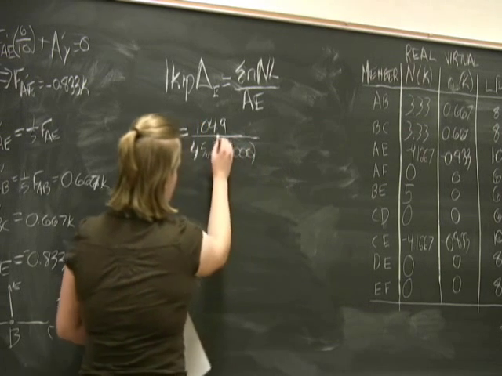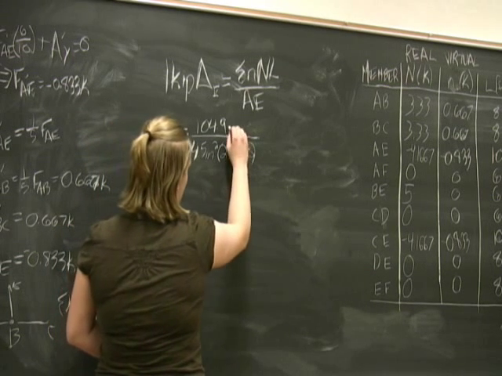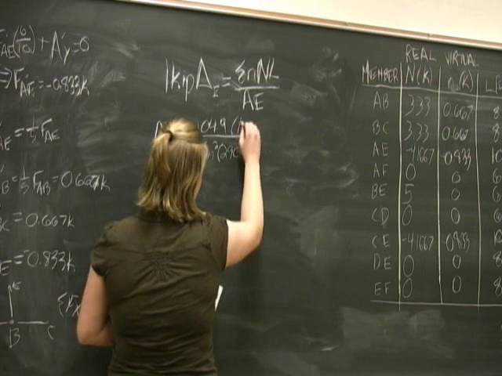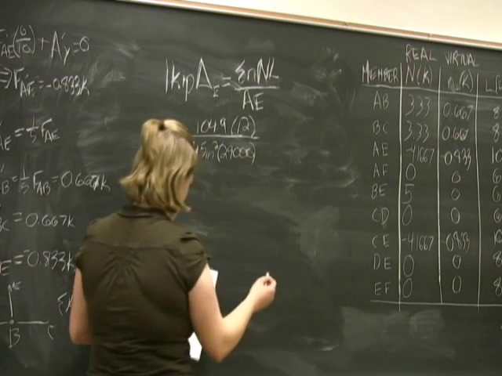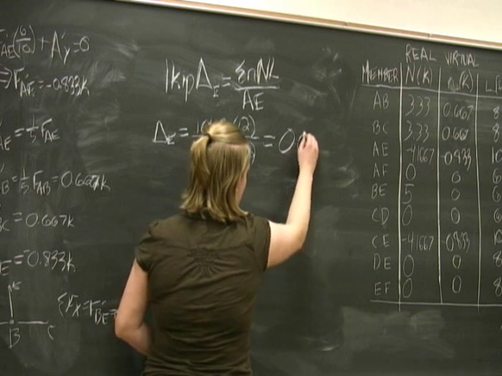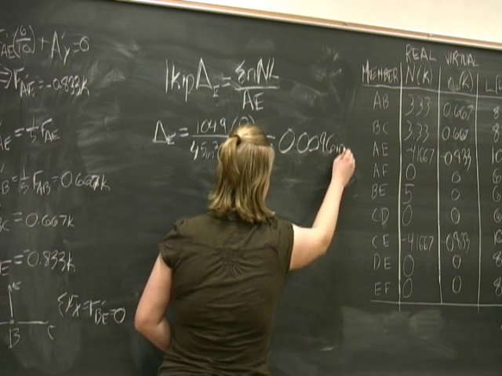We also want to change the 104.9 into inches, so we'll have to multiply by 12. And that gives us a total final answer of 0.0096 inches of deflection.